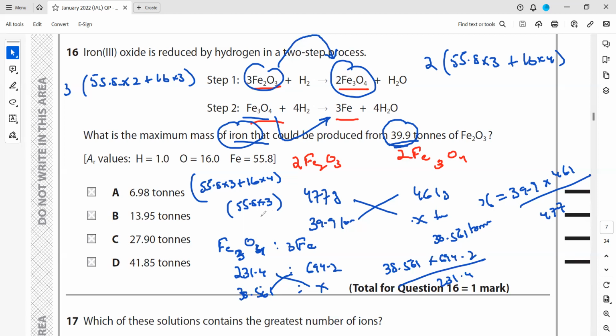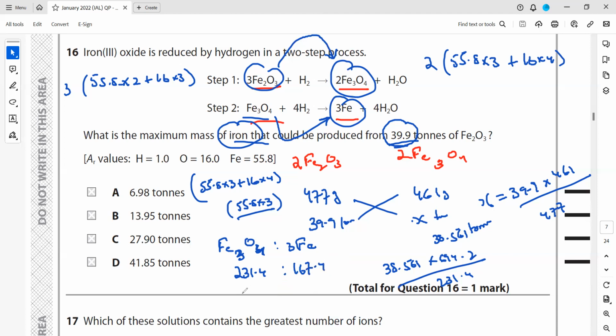But how is 55.8 multiplied by 3 694? There's a mistake, Abdullah. It is 55.8 multiplied by 3. It cannot be 694.2. The mass of iron is 55.8, you are just multiplying by 3. This value you did not calculate correctly. Yes, 167.4.